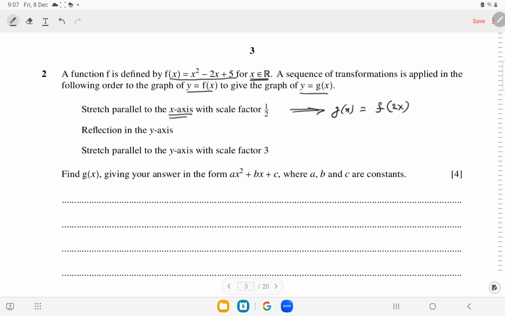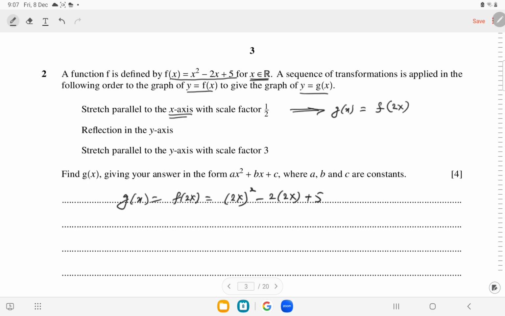So what to do for the first step? G of x will be obtained by replacing every x in the function f of x with 2x. We get f of 2x, that is 2x square minus 2 times 2x plus 5.